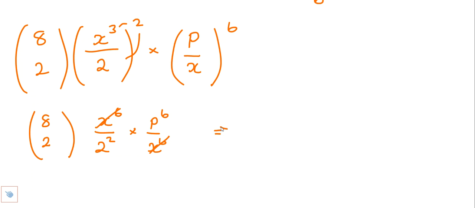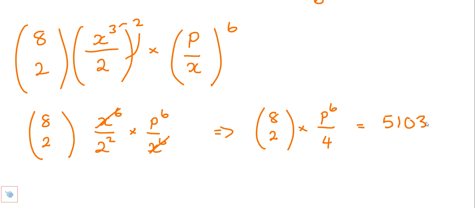What I'm left with is 8, 2 times p to the power of 6 over 4. And that equals 5103, because that's what I was told in the question that the value is. So now I've got the information required to find what p is. My first step was just being able to eliminate the x.